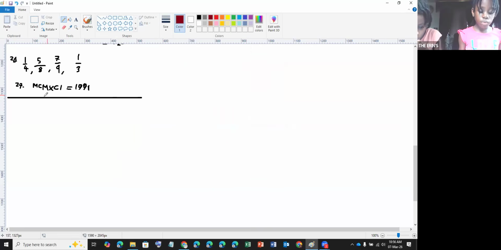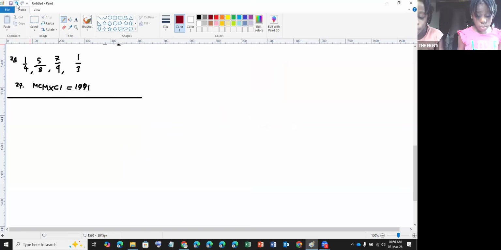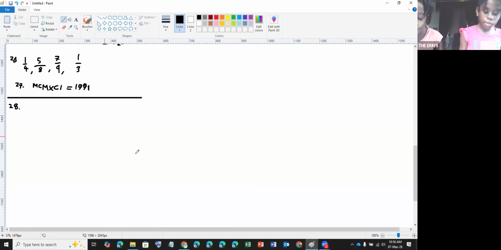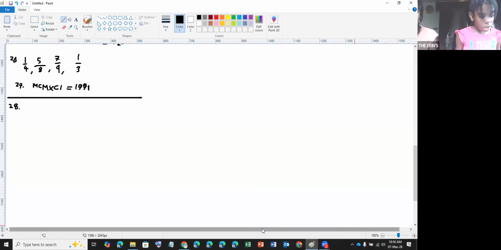Number 28 says, if there are 50 members of the class, how much will each member pay? Number 28 and number 29 have information, right? The information says all primary 6 pupils are to buy class copy of mathematics textbook costing 3,500.